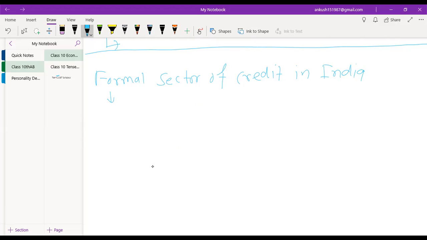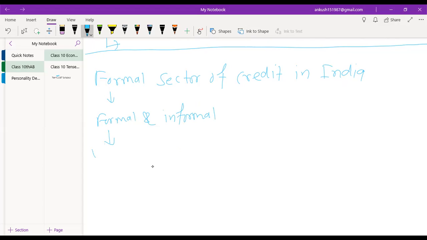Okay. Whatever loans are being disbursed can be categorized into formal and informal. A person can get loans from banks and cooperatives in the formal sector.